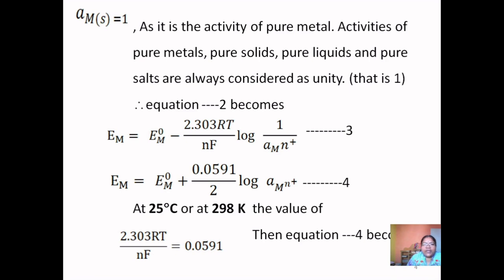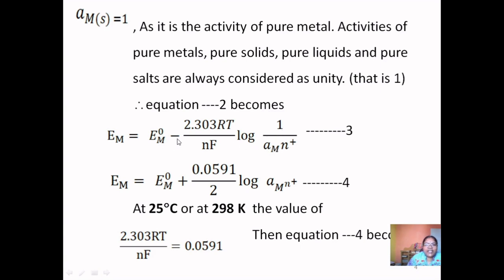So whenever we have to write the activity of pure substances, that is metals, solids, liquids or salts, then it is 1. So our equation becomes E metal is equal to E0 metal minus this part as it is. This activity of metal becomes 1.